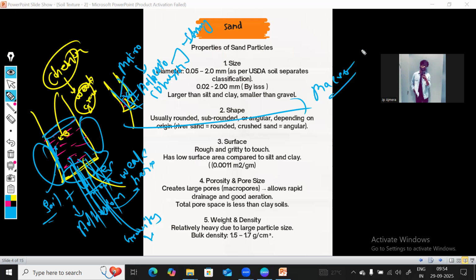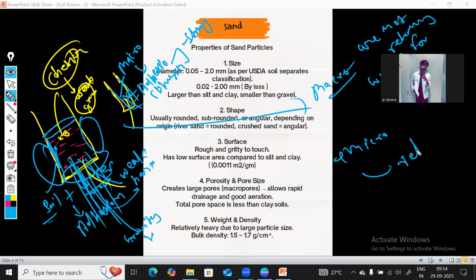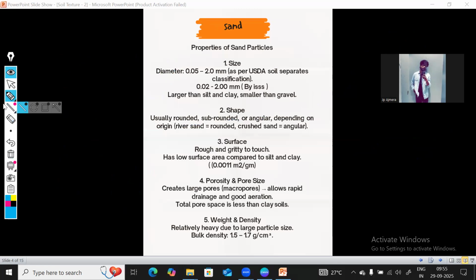Macropores are not retaining water in a normal way, but in the case of a micropore, the scenario is different. Is this also clear to you guys?